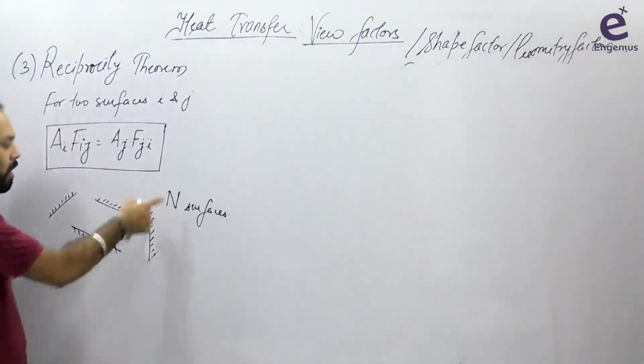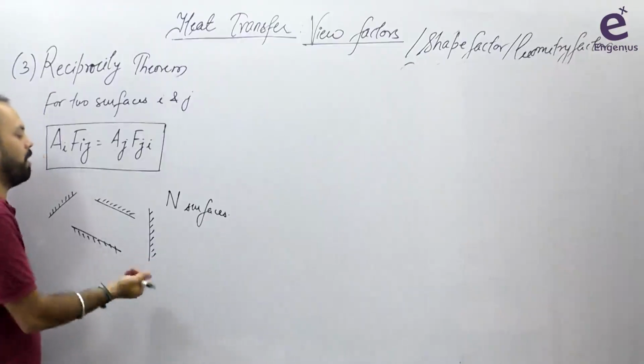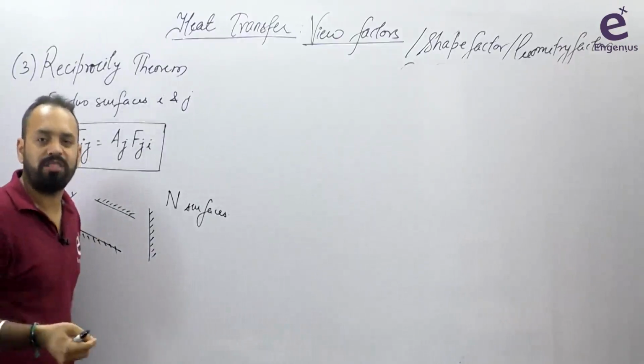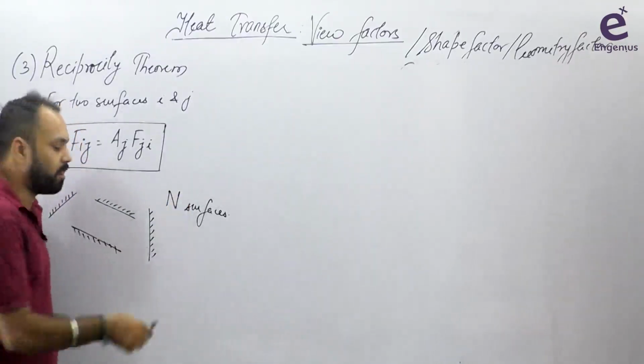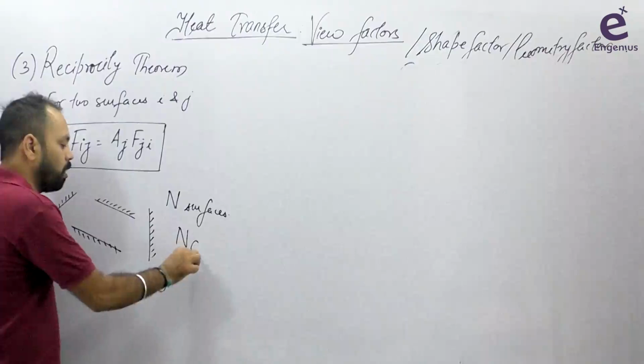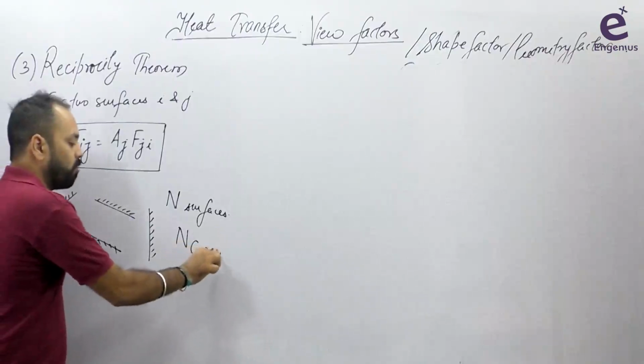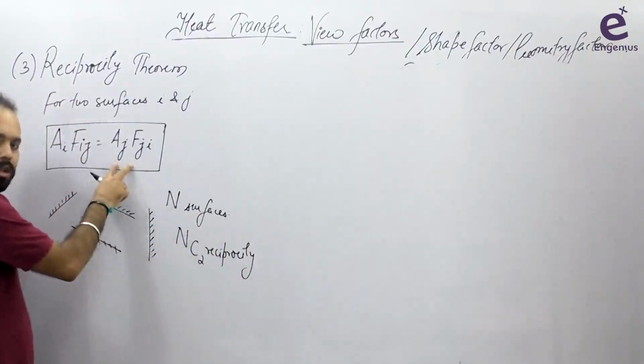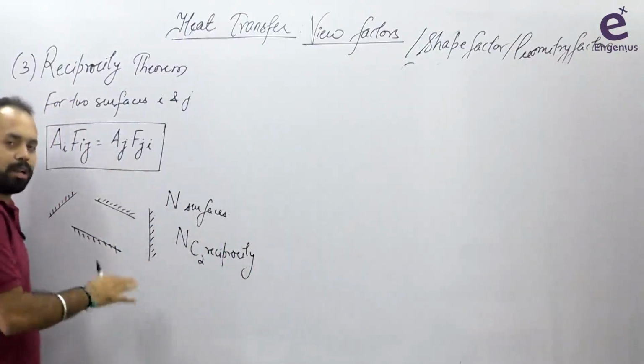How many relations can you write for n surfaces? Out of n you have to make a pair of 2. Selecting two objects out of n objects, how many ways are there? nC2 reciprocity relations, because a reciprocity relation is written between two surfaces. So out of n surfaces you have to select a pair of 2.